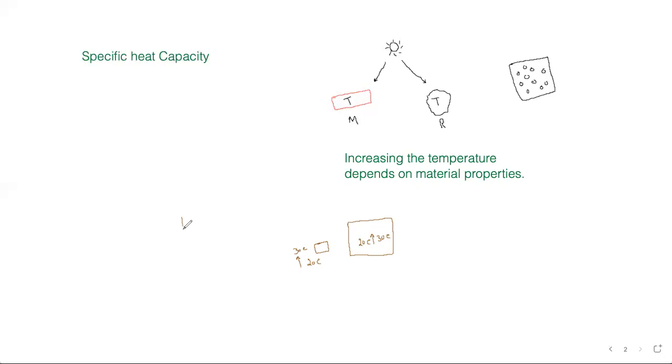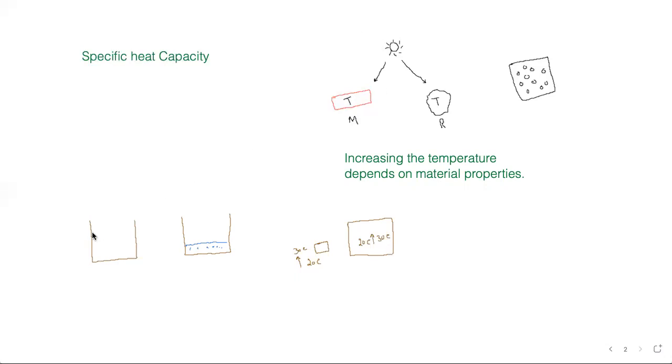You can also understand this with another example: you want to boil water, and you have a very small amount of water here, and in another case a very large amount of water. Of course, it will be easier to boil the lower quantity of water, isn't it?